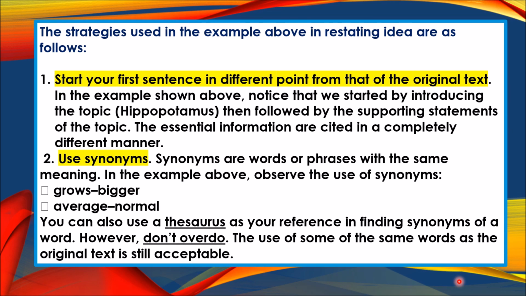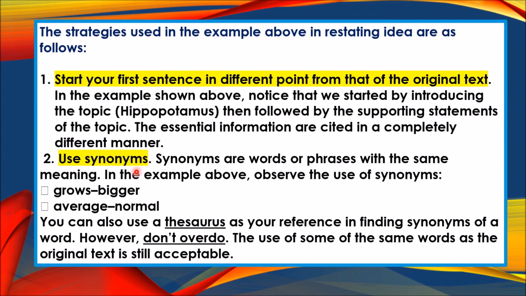The first two strategies: you start your sentence with a different point from the original text. Kung nagsimula yung original text sa verb or sa ibang words, you have to start your sentence in a different portion, in a different point from that original text.